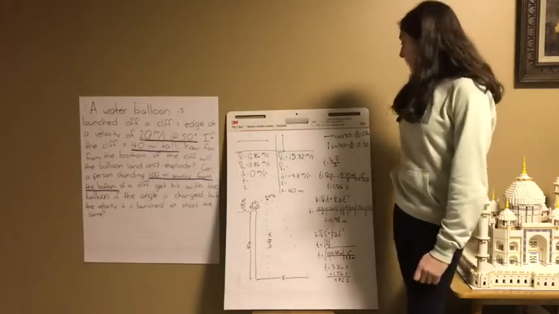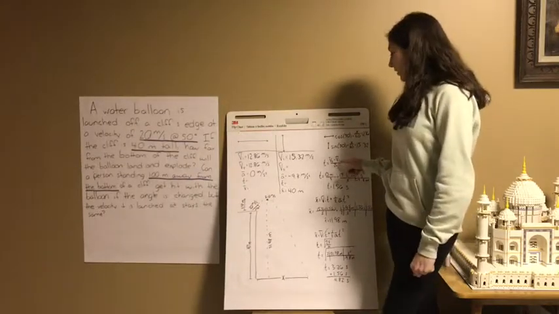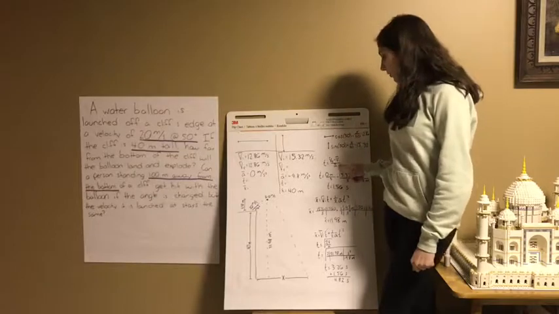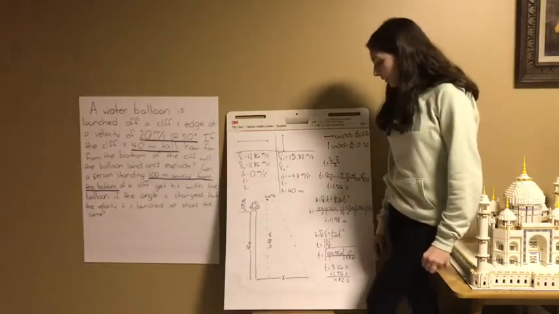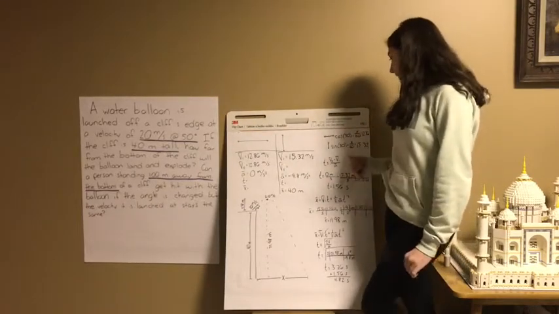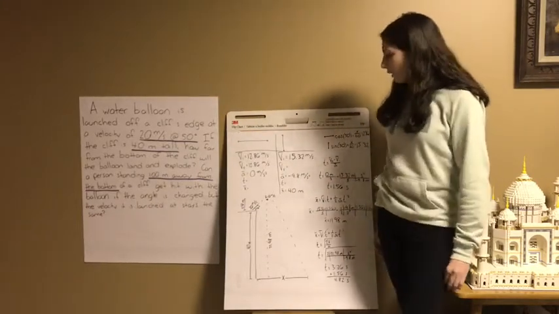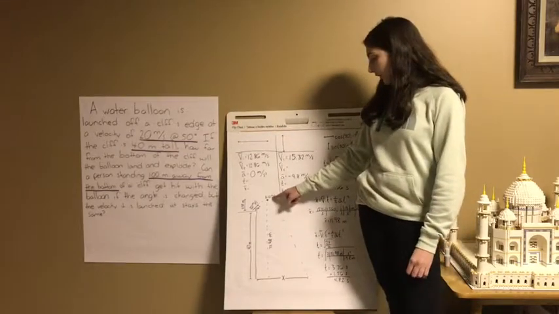To find the time, we're going to use the time equation, which is time equals final velocity minus initial velocity over acceleration. Because we don't know the vertical velocity at the bottom, we cannot use that in this equation. However, we do know that at the highest point, the vertical velocity is 0 meters per second.